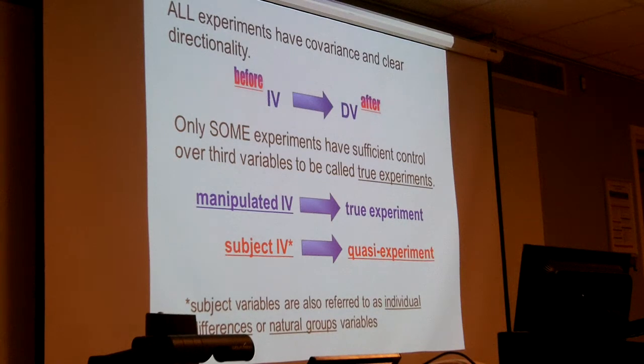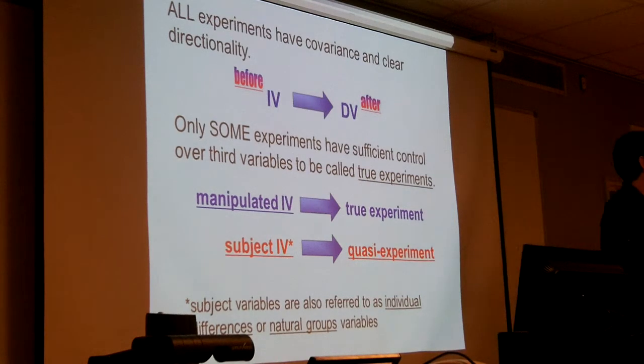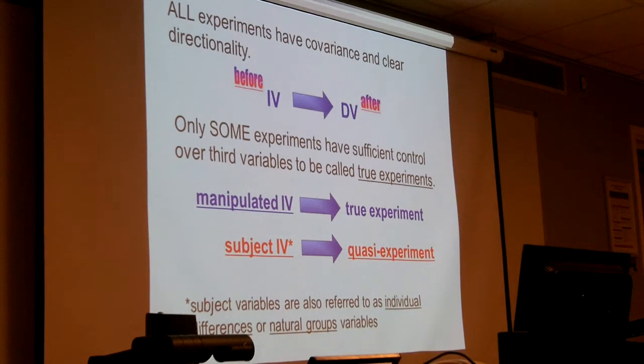They're sometimes also called natural groups variables because they reflect naturally existing groups. Like, I'm a Republican, I'm a Democrat, I'm Green Party, I'm a socialist, I'm a communist, whatever. Those are naturally existing groups. People already belong to them, and we can compare people who belong to those different groups. So if I say subject variable, individual differences variable, or natural groups variable, I'm talking about the same thing.